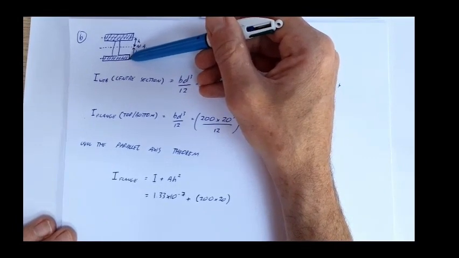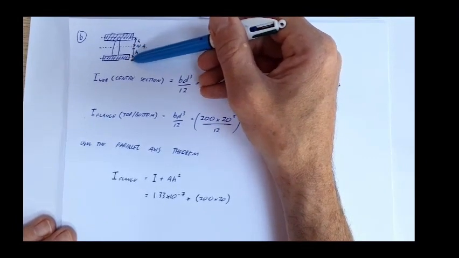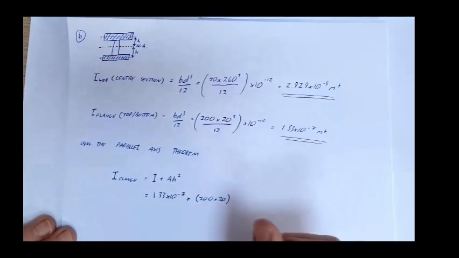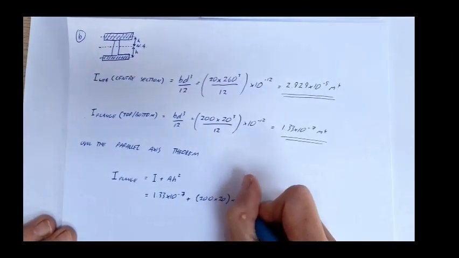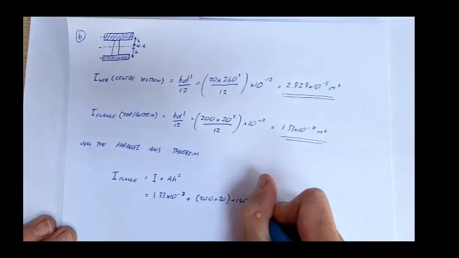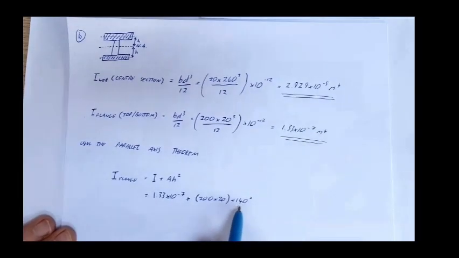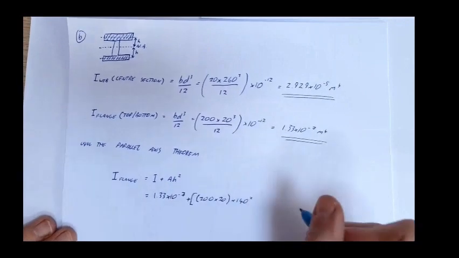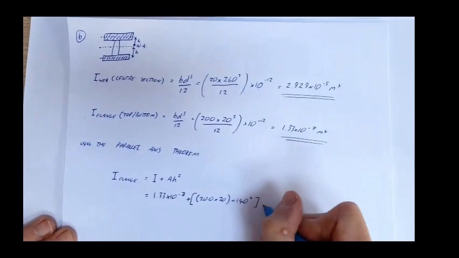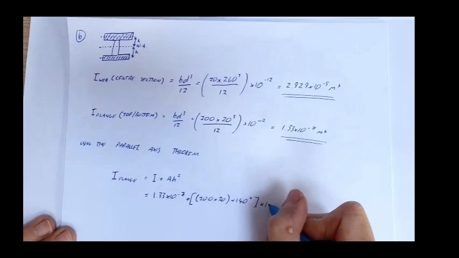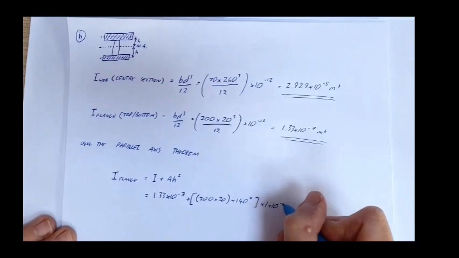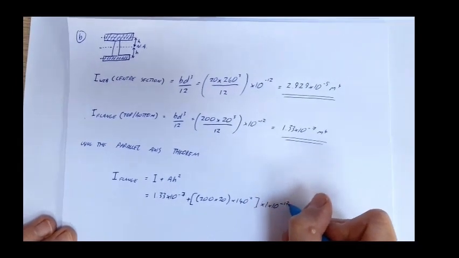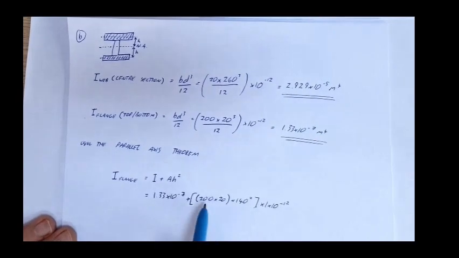So 10 to the halfway point, so 150 minus 10, so that's 140, times 140 squared. That's the height that we're offsetting. And again, we're going to have to convert that into meters. So times 1 times 10 to the minus 12, times 10 to the minus 3, times 10 to the minus 3, times 10 to the minus 6.